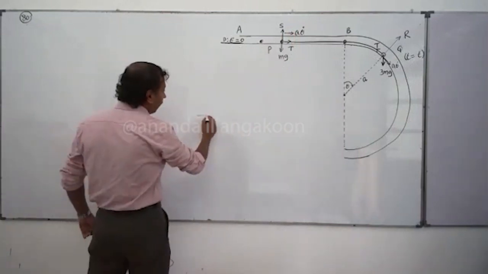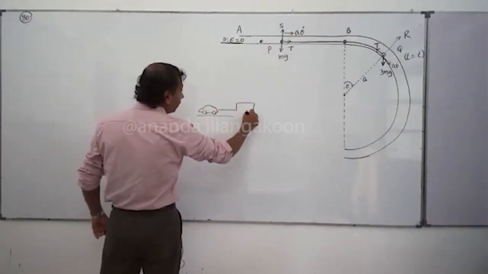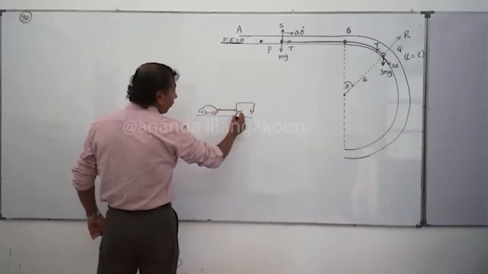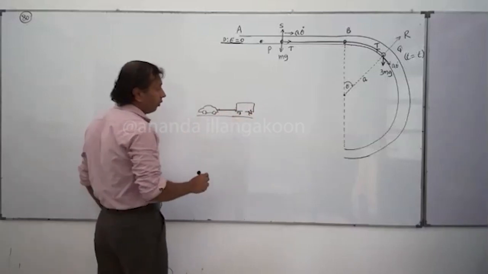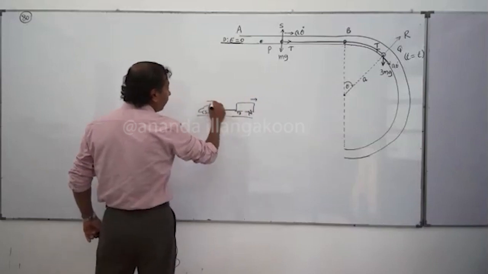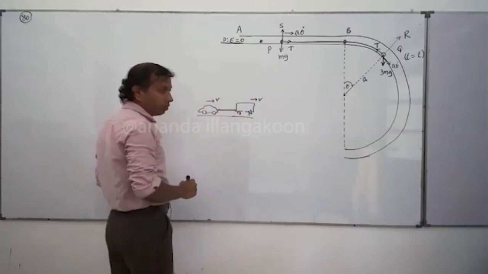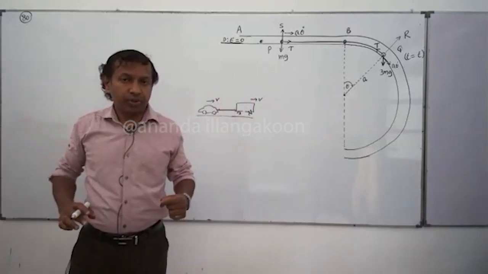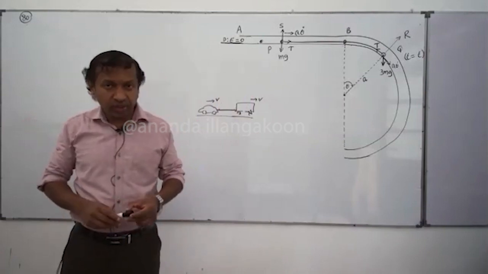You know, when a breakdown vehicle is towed by another vehicle, they are joined by a string. When the string is stretched, taut, and both vehicles move, the velocities of the vehicles should be equal.